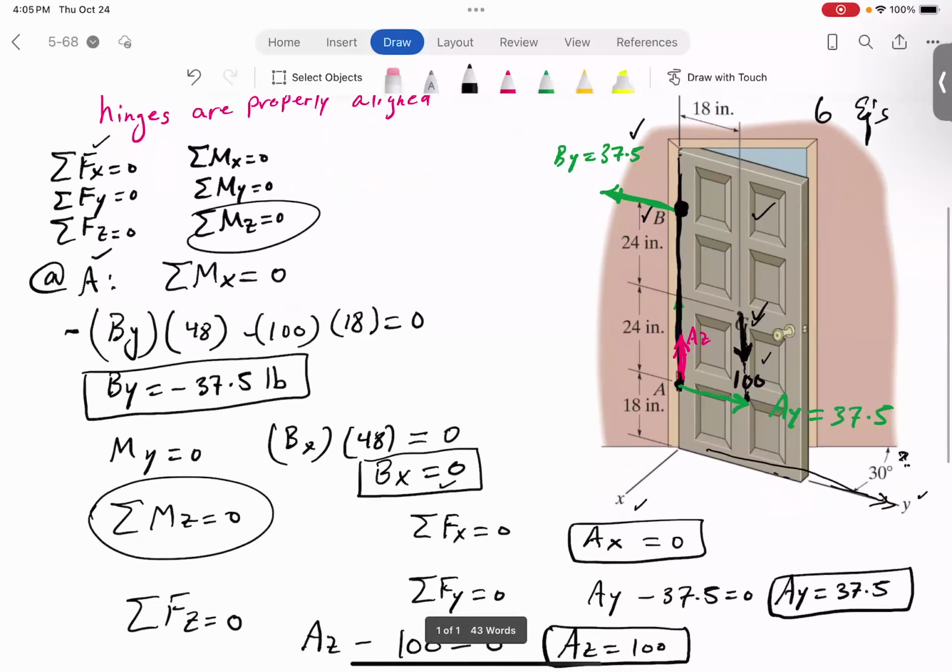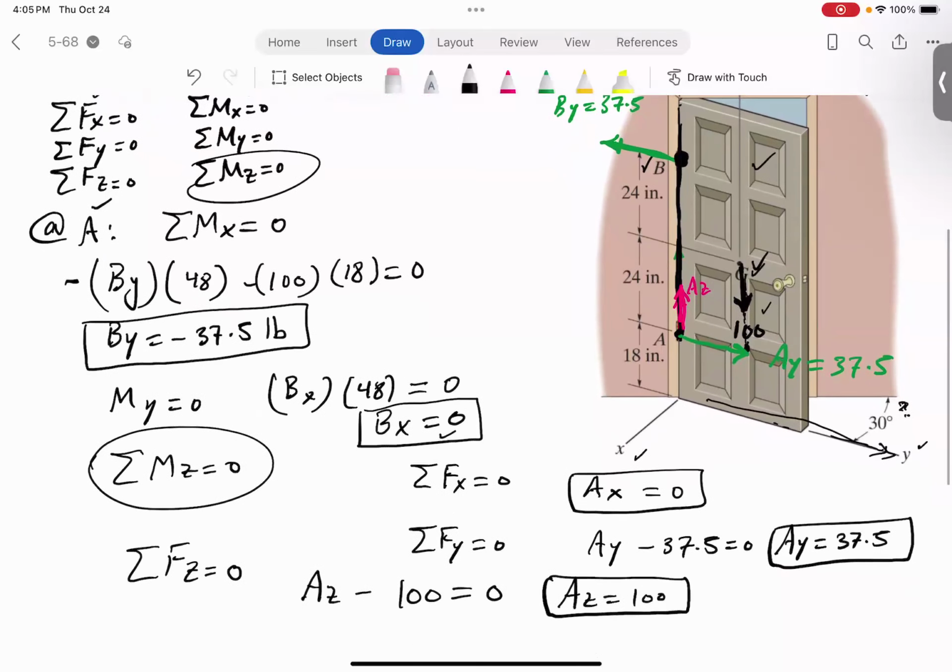So basically the burden of holding the weight pretty much is on hinge A. So that's why we have the AZ. So AZ is equal to 100. Let me put that also here, in red. All right. So AZ equals 100. So that's all we got basically for this story.